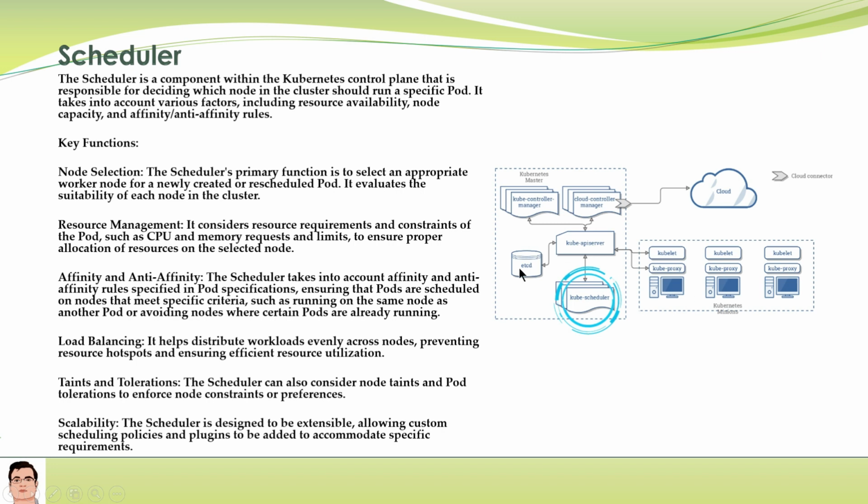We applied a taint, and we didn't pass any pod configuration with tolerations to deploy on the master component. So for any node, if we apply a taint on it, then we can deploy with the tolerations. We have a more detailed video on taints and tolerations as well.